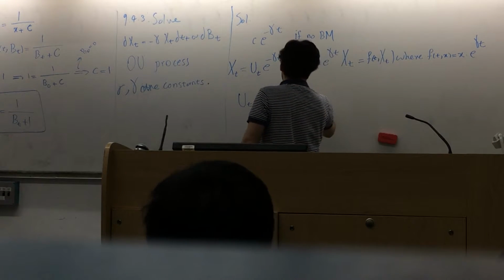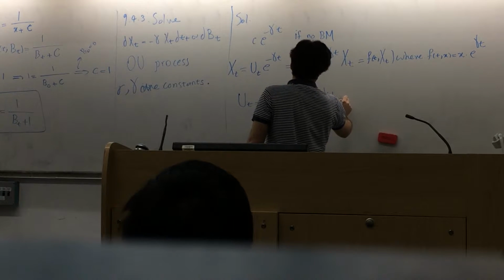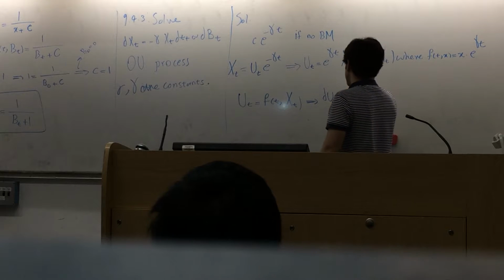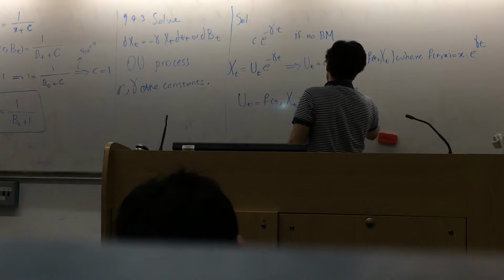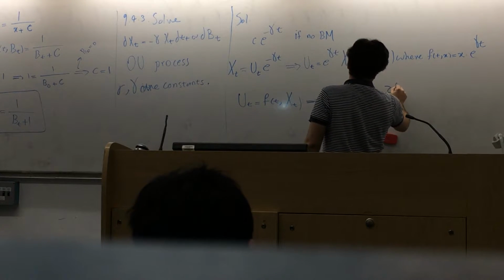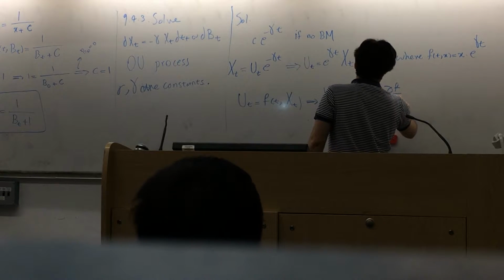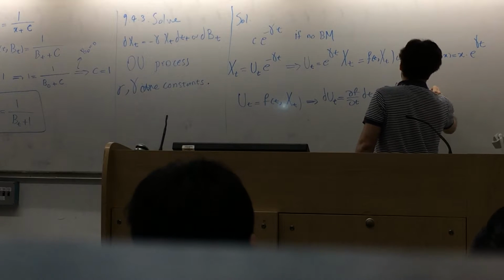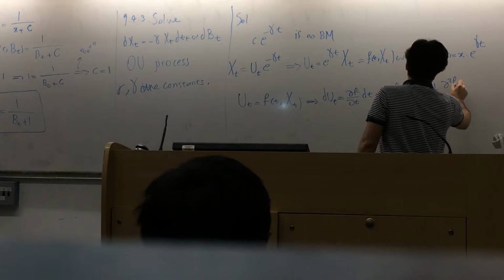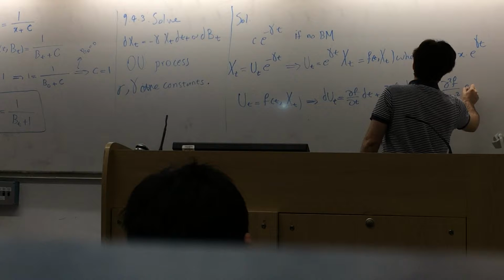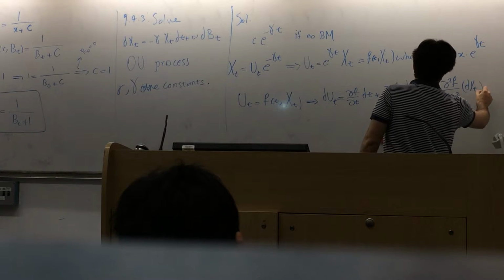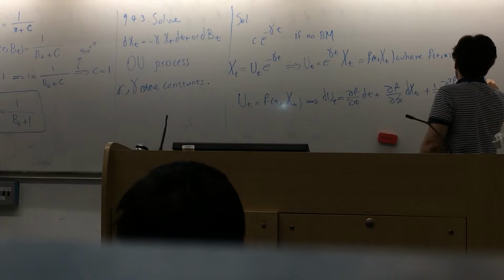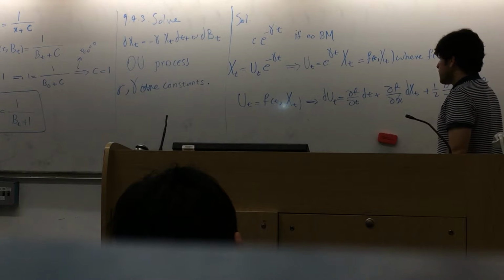So from here, dU would be the partial derivative with respect to t, dt, plus the partial derivative with respect to x, dX_t, plus half of the second partial derivative with respect to x, d of X_t squared.